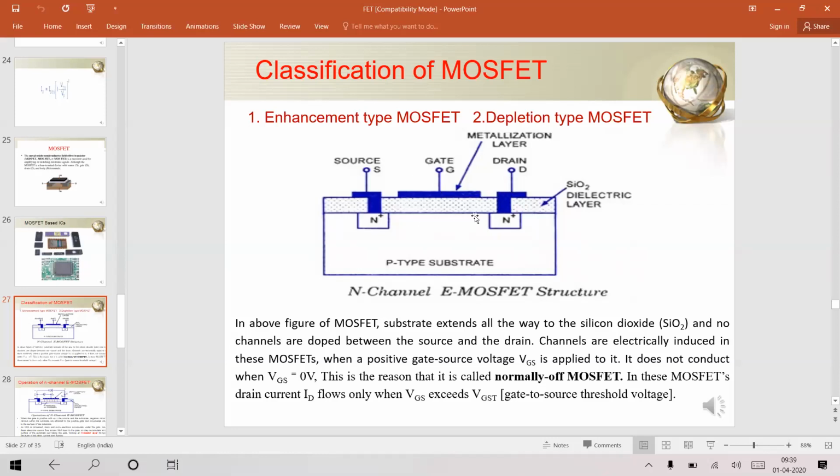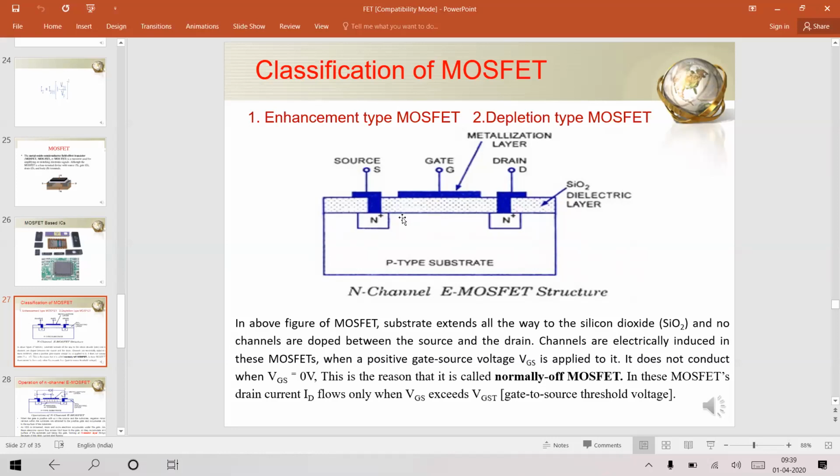So the simple structure when you write MOSFET, it looks like this. I'm starting with enhancement. The enhancement MOSFET will not have any channel developed between the source and drain. I said already three terminals: source, drain, and gate. So only concentrate on the source, drain terminal, gate terminal.